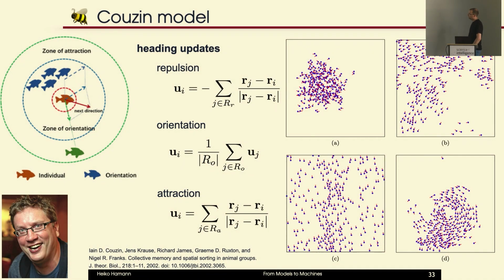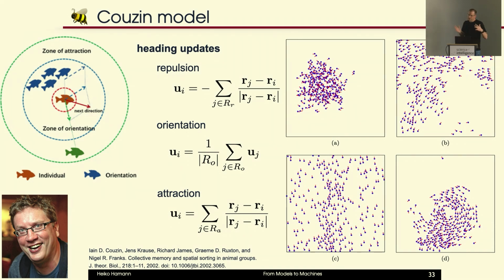So I have these vector models with forces of attraction and repelling forces, such as the Couzin model. I'm just putting kind of arbitrarily some equations here where you have a repulsion if other robots neighboring you are too close.